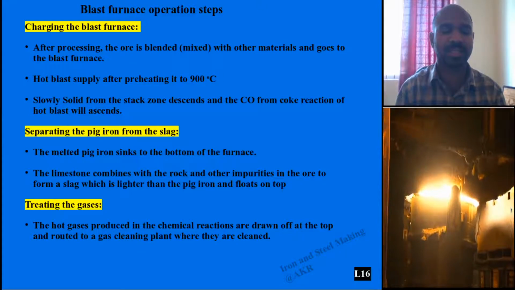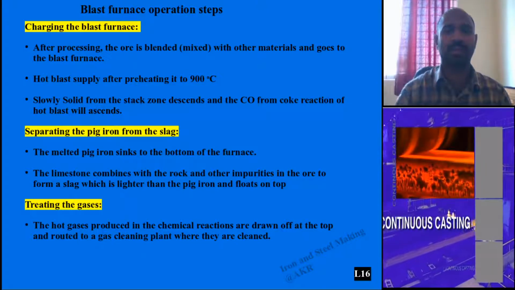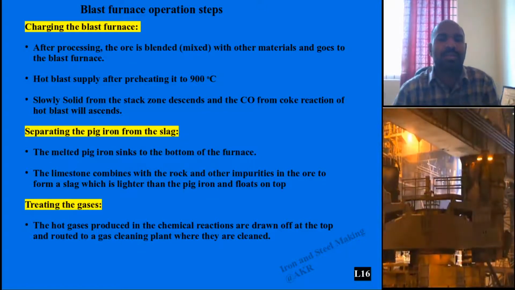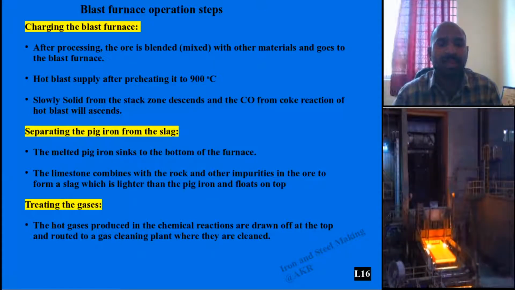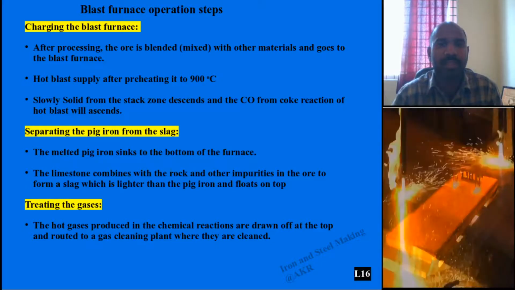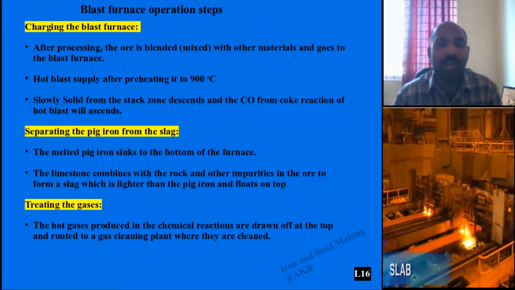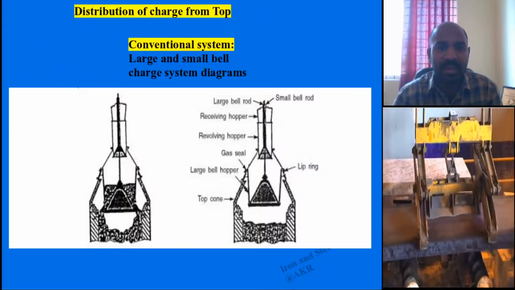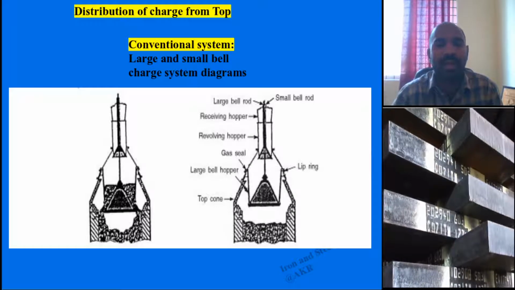They are taken through the dust cleaning and gas cleaning system, and after cleaning are stored in the blast furnace gas stoves, preheated, and that gas is recycled to the hot blast supply in the next operation. Initially you need hot blast.